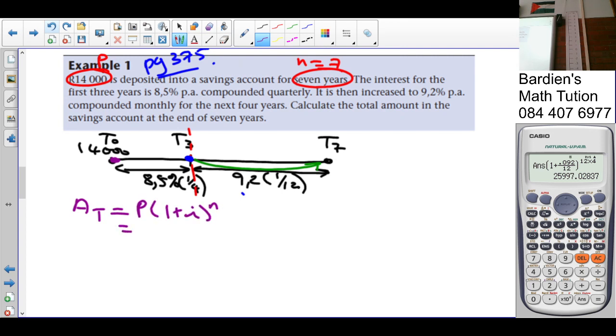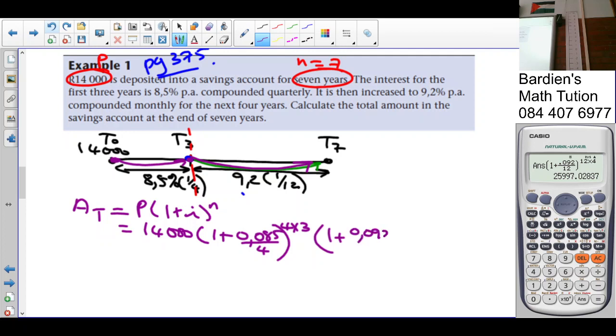So you got 14,000 Rand into 1 plus 0,085 over 4 to the exponent 4 times 3. This is actually the amount lying here, the principal value for the remaining 4 years. So it is multiplied by 1 plus 0,092 over 12 to the exponent 12 times 4. And there we go, we just punch that in the calculator.